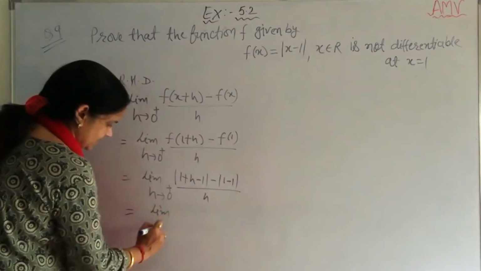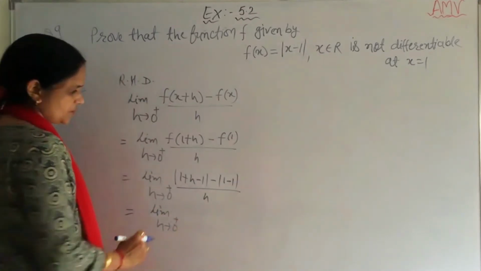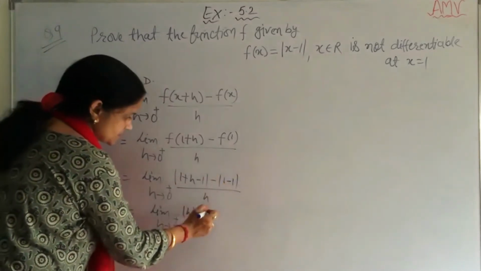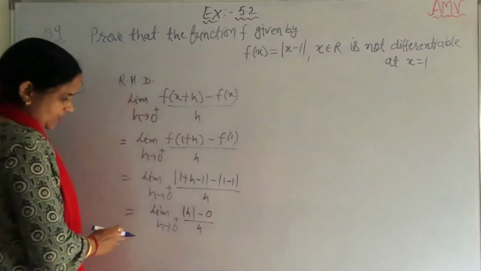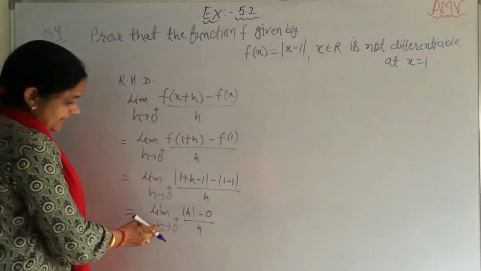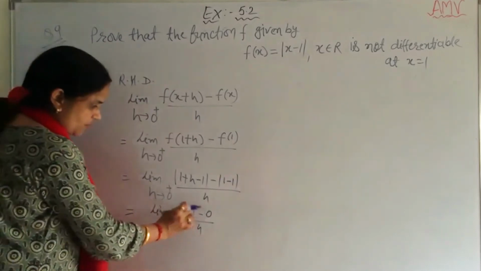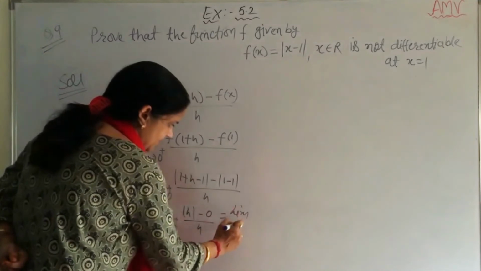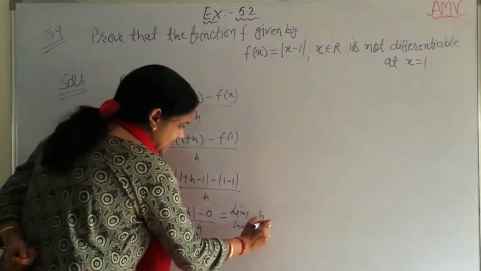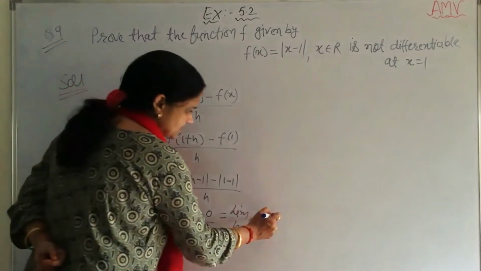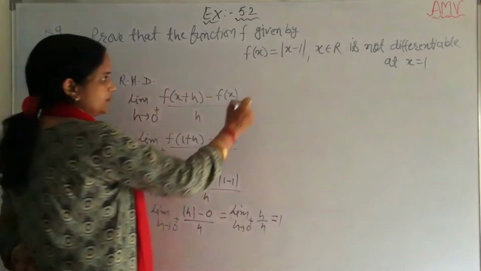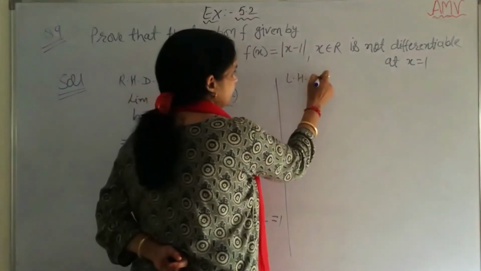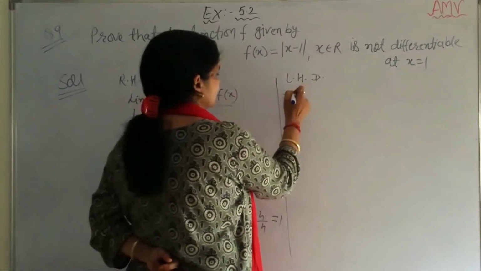You will get limit h tends to 0 plus, here mod of h and it's 0 and here it's h. Now we are finding limit h tends to 0 plus. So mod of h is plus h. So here it is limit h tends to 0 plus h by h. It will cancel and we will get 1 only. And now find the left hand derivative.